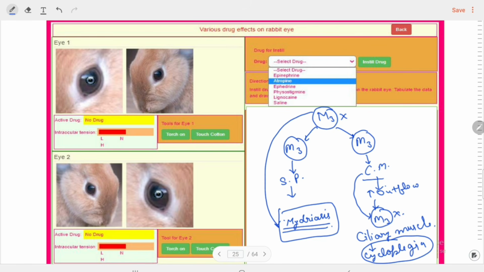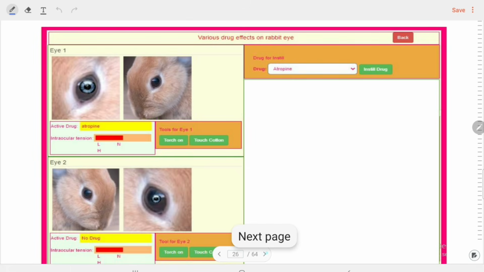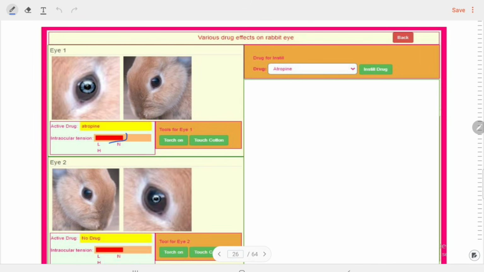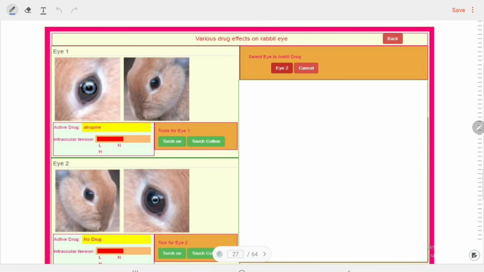There will be no effect on the intraocular tension because the alpha and beta receptors are not taking part here. So here we can see the mydriasis because of the blocking of the M3 receptors. We cannot see any changes in the intraocular tension because of no role of the alpha and beta receptors.